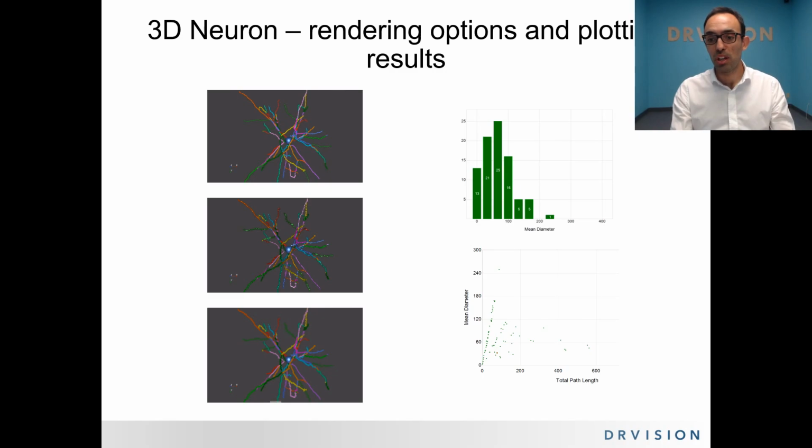We have another one which is a point and sphere, and another one which looks like a mesh, so it's transparent, and you can see the signal, the original signal, inside of that mesh. Inside the software, we also have a way to plot the results. Either it has histograms or scatter plots, and it's fully interactive, so it will connect. These dots that you see here are connected to a specific dendrite on the view and to a particular row on the spreadsheet.